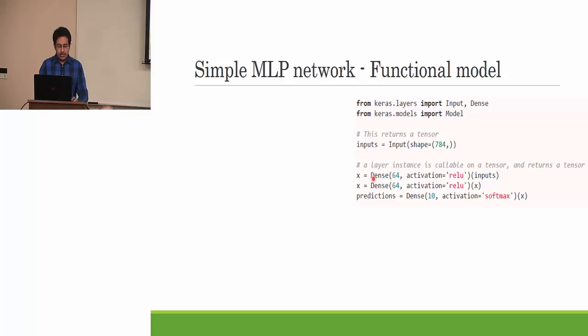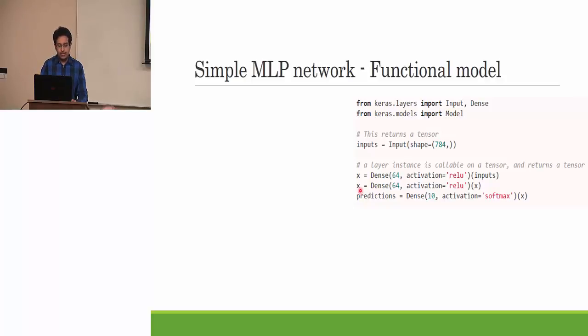Next, you write your dense layer. Let's say we want to construct a network with just 3 dense layers. You write the dense layer, and you want to feed the input into the dense layer, so you specify it here. So this input passes through this dense layer, and then gives you an output. You take this output and pass it to the next layer here, and this passes through this dense layer and gives you another output.